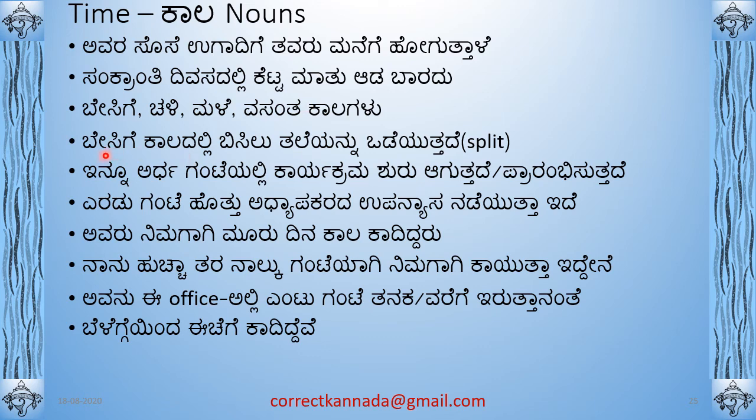Okay, Besige kaladalli bisilu taleyannu odayuttade. So Besige kaladalli, in the summer, bisilu means the sun or the heat of the sun. Bisilu taleyannu, head. Odayuttade, it is splitting the head, meaning it's so hot that it splits the head.